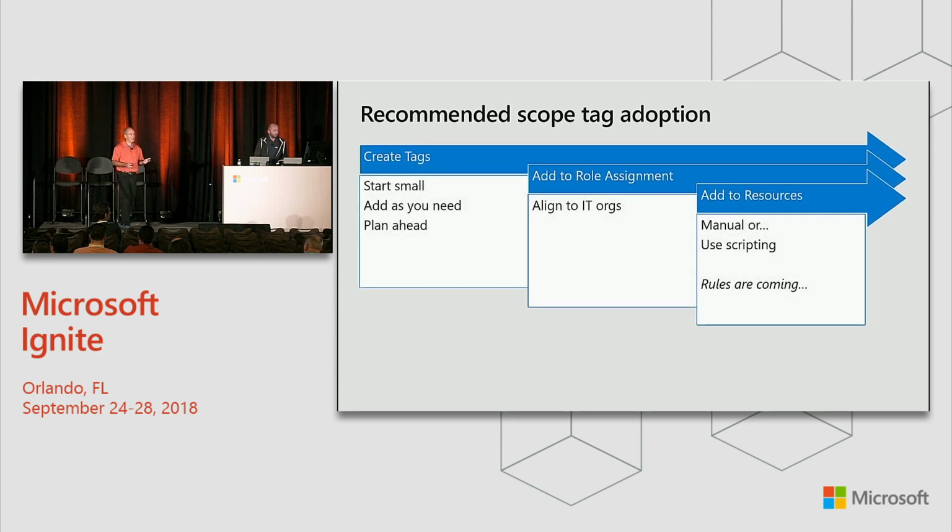When you get back, the first thing that I'd love for you to do is think about scope tags and start small. Probably one or two that make sense for your organization. You're going to create those scope tags. Don't go crazy. I had a big long list for demonstration purposes, but start with one or two, figure out what it's all about. Assign those to a role assignment.